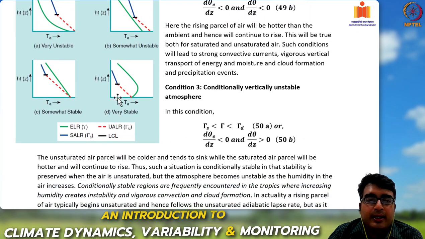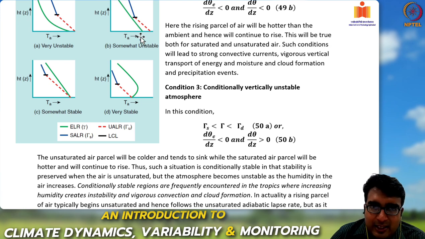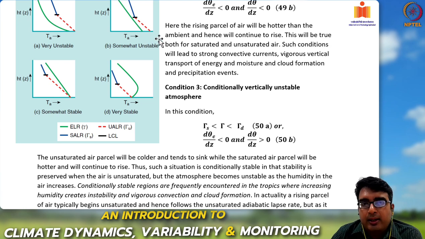So here there are two cases of partially unstable atmospheric conditions. This is somewhat unstable because the atmospheric temperature is lower than the rising parcel of air. Okay. So convection cells are forming. However, the dry slope is actually higher than the green slope.